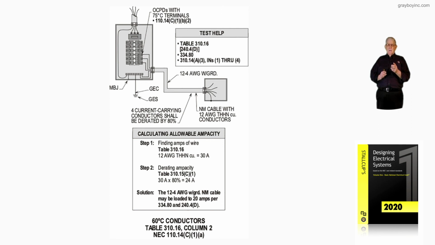24 amps will be enough amps for a 20 amp breaker and number 12 wire in accordance with 240.4(D). Now, I know many engineers will take and use the 75-degree column at times to do the derating from. The code doesn't prohibit that, but you don't have to do it.